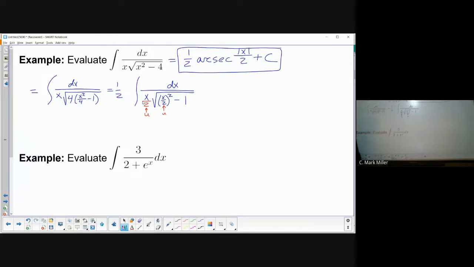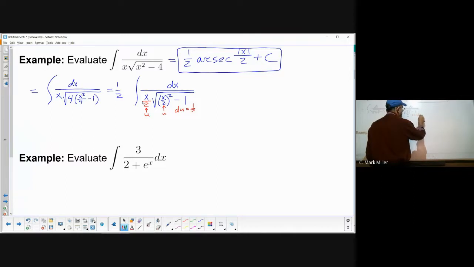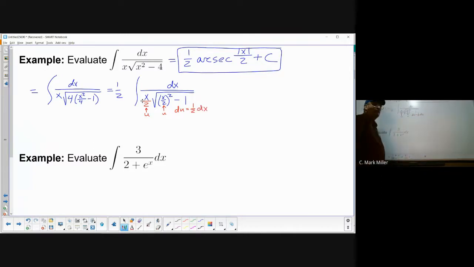What's du? So if u is x over 2, du is 1/2 dx. I need to have du in the top. And so what do I need up top? I divided the bottom by 2. I need to put a half up here. Believe it or not, those 1/2s I inserted cancel. I multiply the bottom by a half, I multiply the top by a half. They happen to cancel.